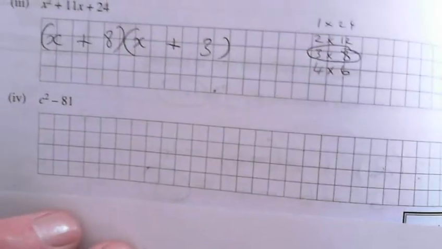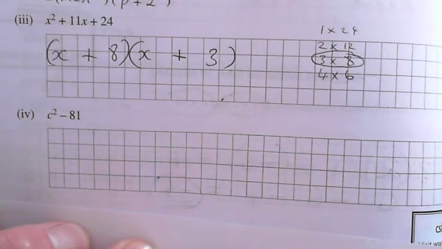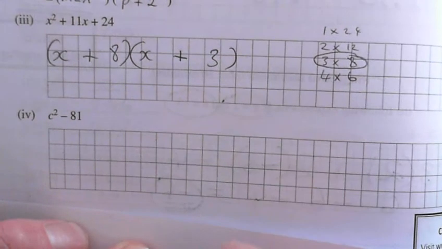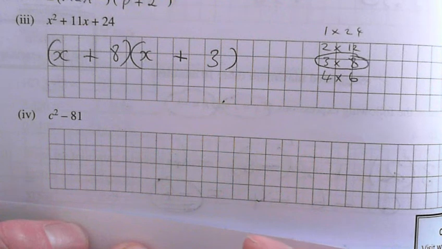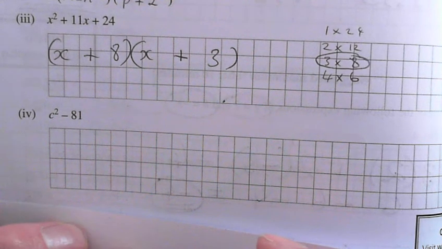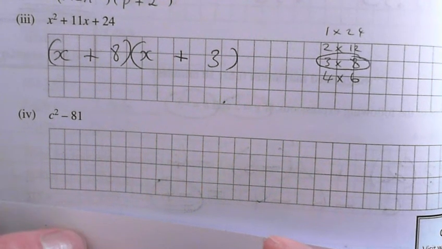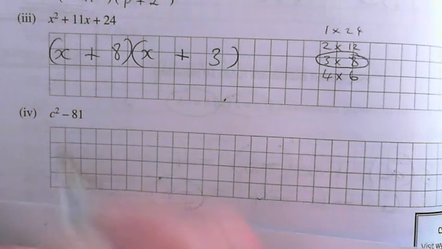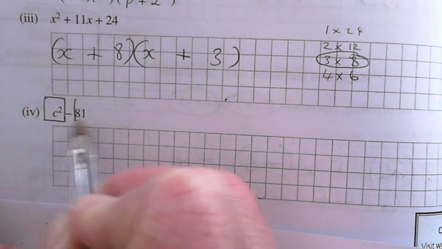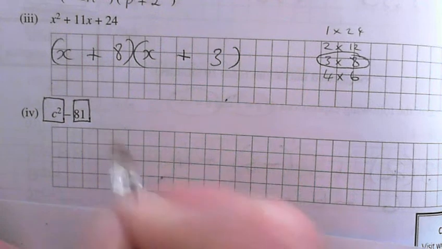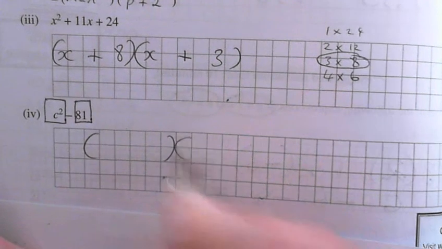The next one. This is called the difference of two squares. 81 is a square number. Why is that? 9 is its square root, because 9 by 9 is 81. So we have the difference of two squares. Okay.